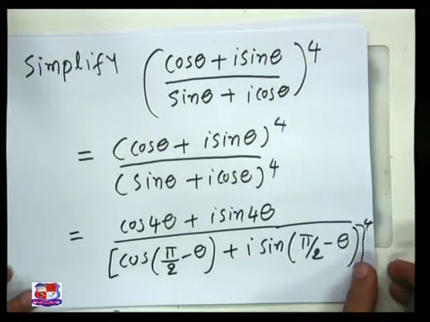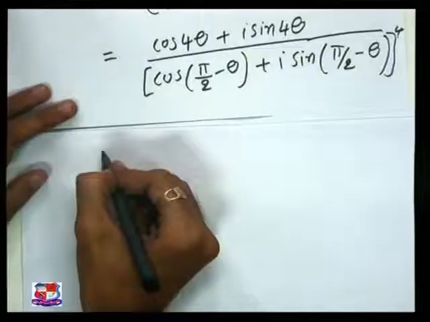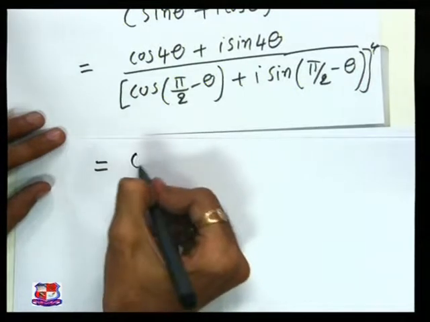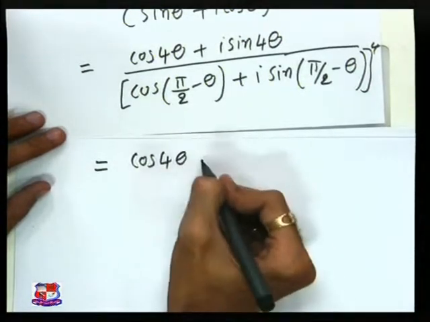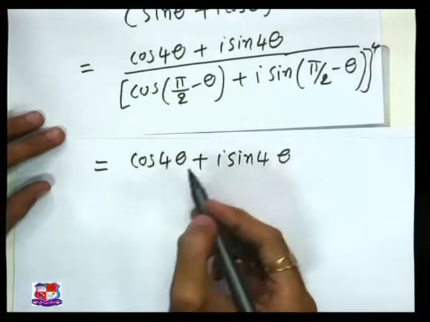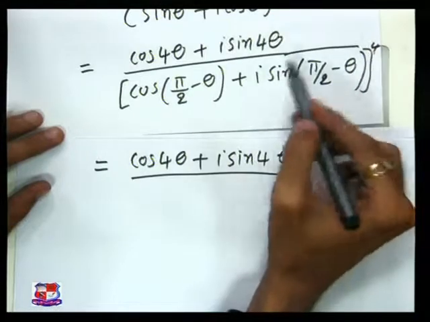By simplifying this one we will get cos 4 theta plus i sin 4 theta upon, now I can apply De Moivre's theorem in this expression.